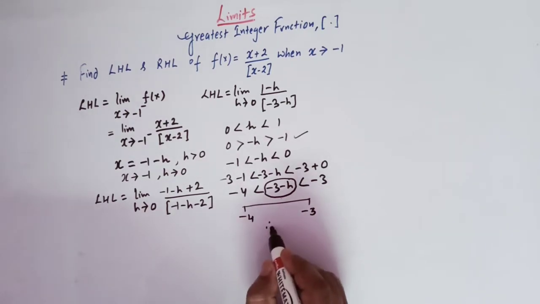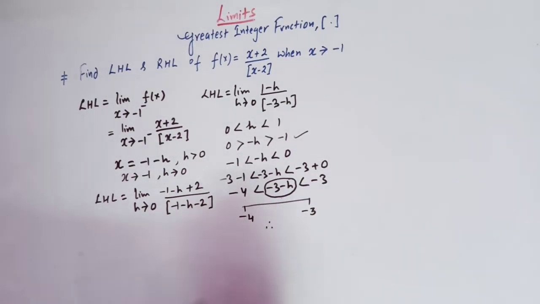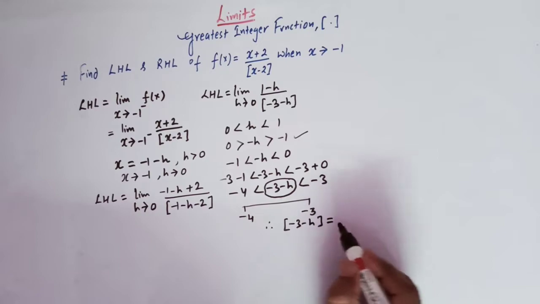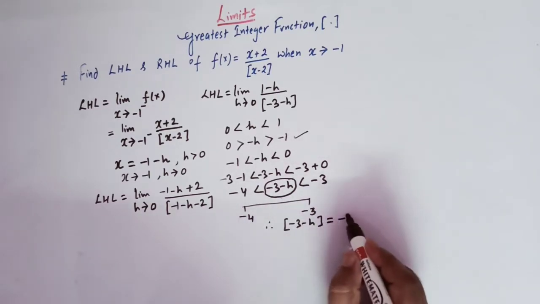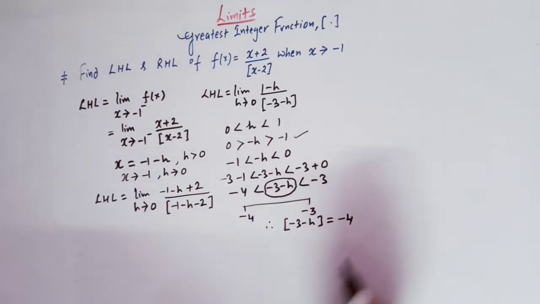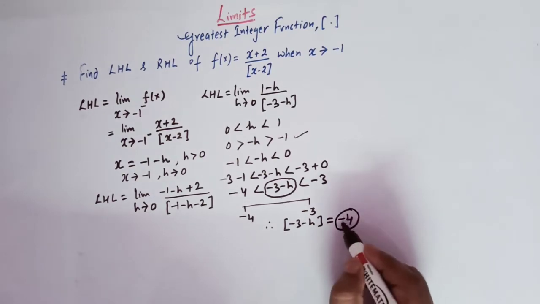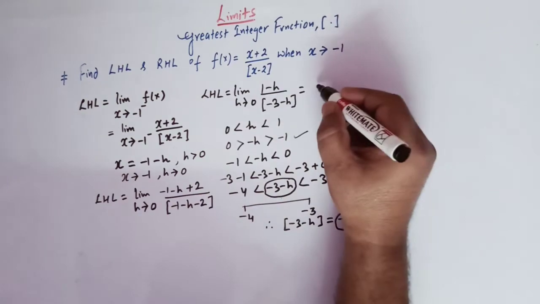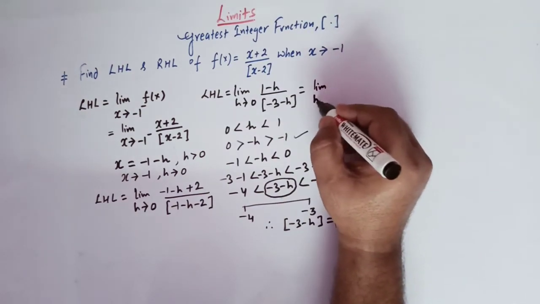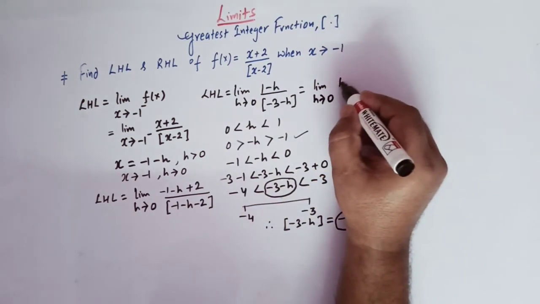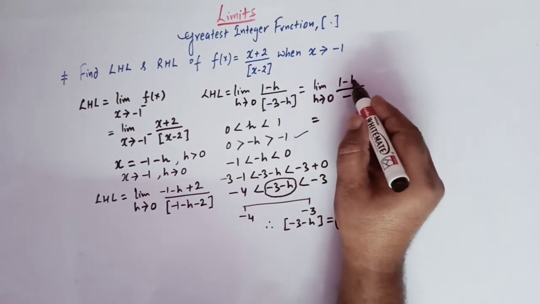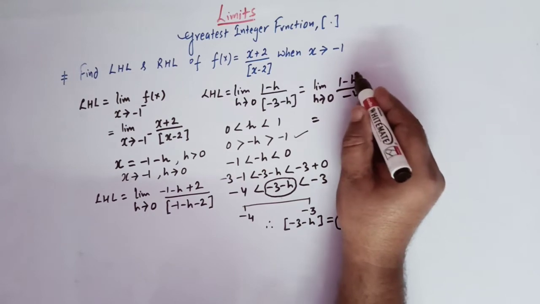So therefore by definition of greatest integer function, the value of greatest integer of minus 3 minus h is always equal to minus 4, right? So we'll now take this minus 4 over here. So now the left hand limit becomes limit h tends to 0, and we have 1 minus h over minus 4, and now we can take h is equal to 0 over here.